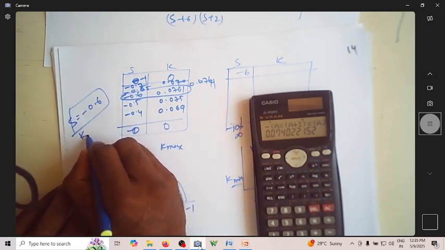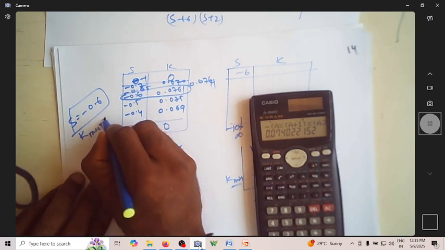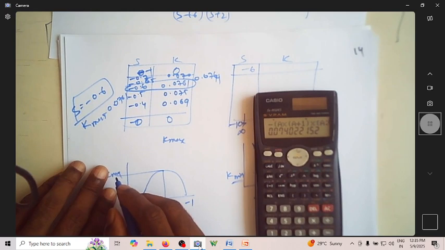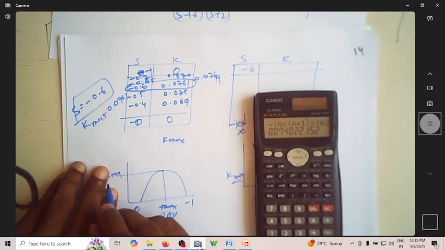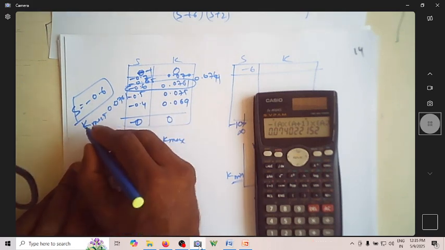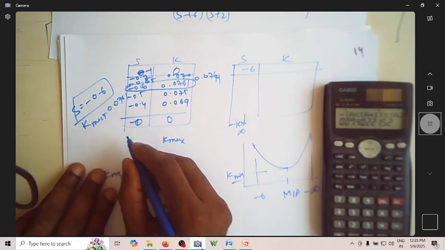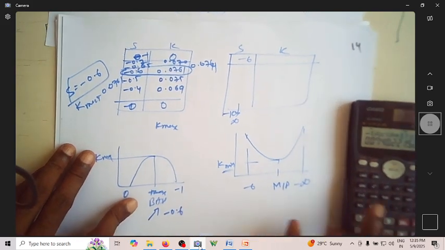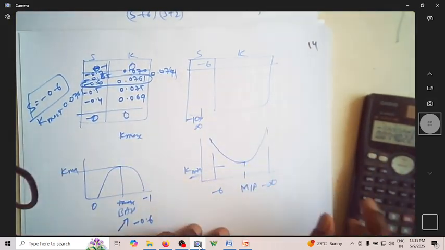So I'm getting k max of 0.0761. 0.0761 is the maximum value. So now I will take the breakaway point as -0.6.